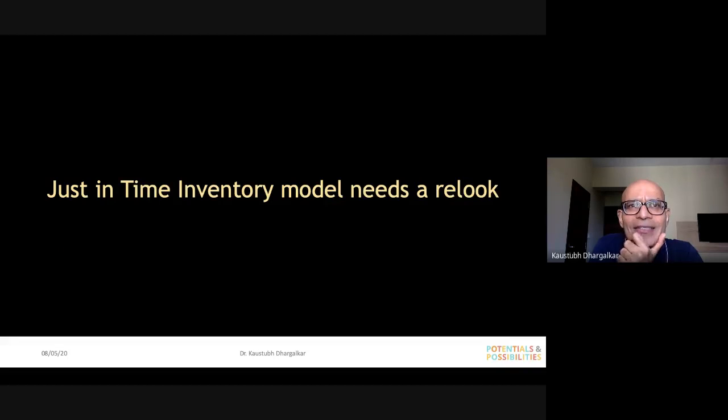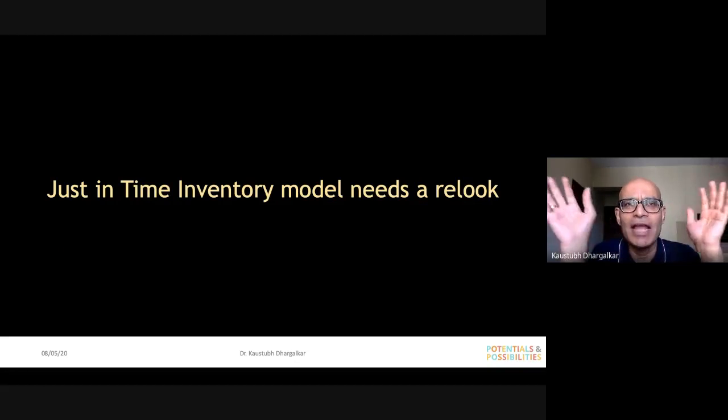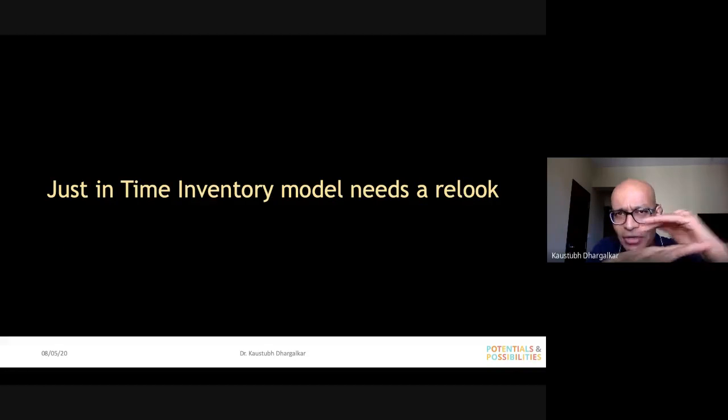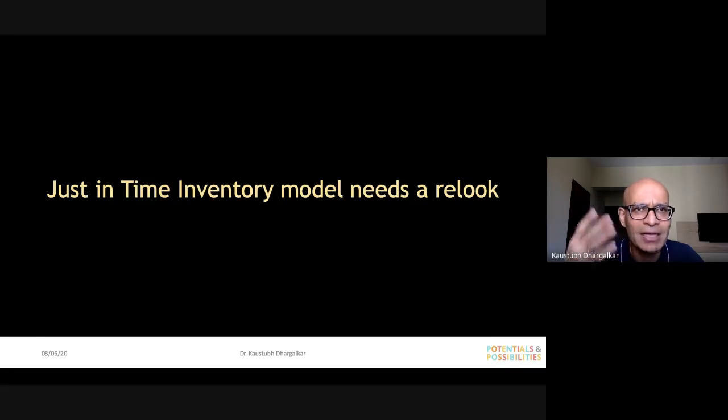For the last 35, 40 years or so, the just-in-time inventory model has gotten super efficient across all supply chains in the world. Of course, it started about 60, 70 years back with Japanese companies pioneering this. And then in another 20 years or so, other industries, other countries also caught up.